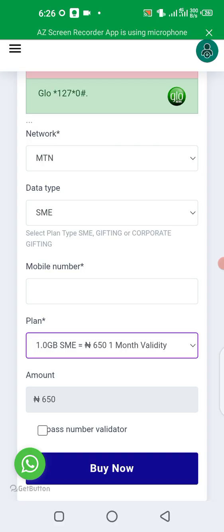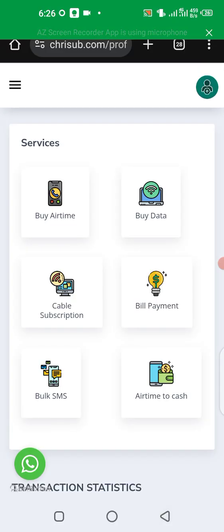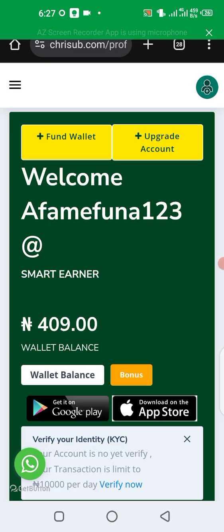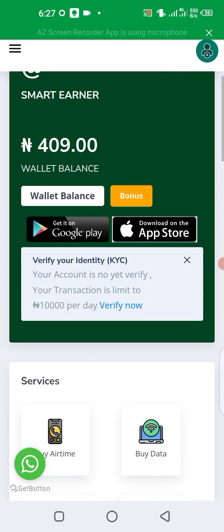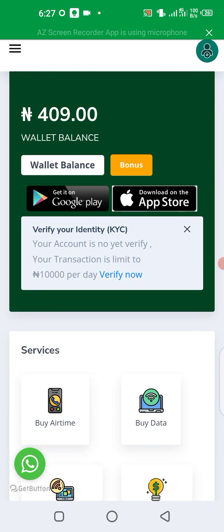Now you buy it at this price, 650, and you tell the person buying from you that you are selling it for 800 or 750, and you present your OPay account or PalmPay or whatever bank. That 750 or 800 will be sent to your account. Before then, you should have funded your wallet up to the amount you are buying, which is 650.